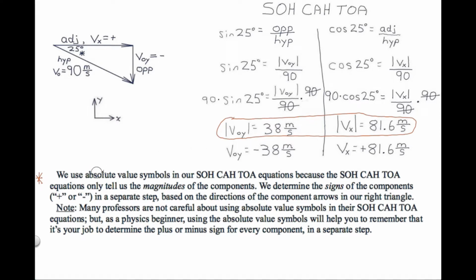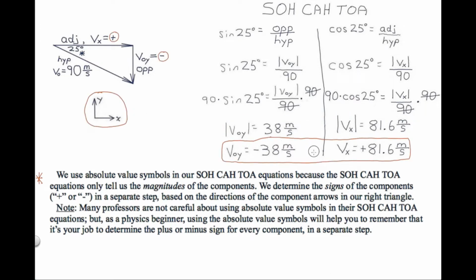Now, we use absolute value symbols in our SOHCAHTOA equations because the SOHCAHTOA equations can only tell us the magnitudes of the components. It's our job to determine the plus or minus signs for each component in a separate step. Like so.